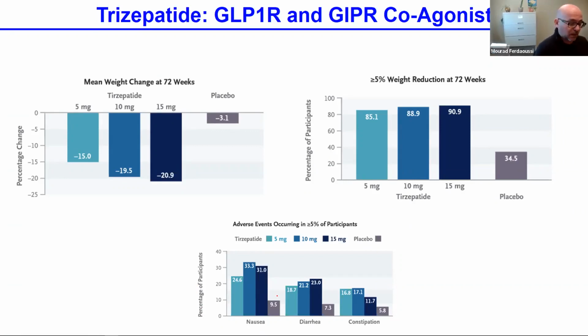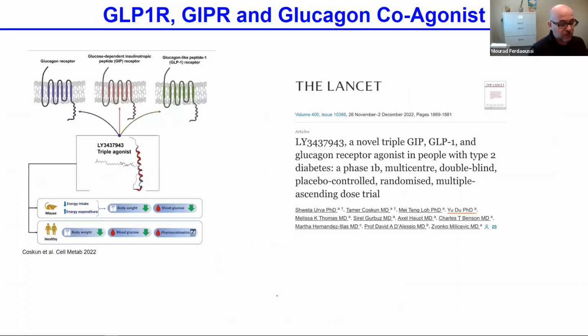So these are the GLP-1 and the GIP. Based on this observation that we can target two receptors at the same time with the same peptide, the trend now is to develop other agonists that can target more than one receptor. And this is the new generation. This is a new study that was published last year, in December, where Eli Lilly published their new peptide that is a co-agonist of the GLP-1, the GIP, and the glucagon receptor.